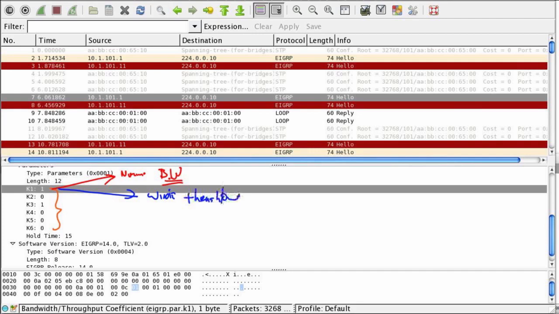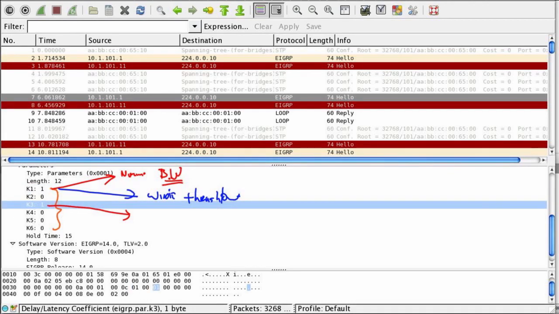Now also we have a variation on this theme with regard to K3. In the confines of K3, for normal calculations in classical EIGRP, this is a coefficient used to modify delay. However, in our EIGRP named operations, this is referred to as latency. Now, why am I bringing this up?